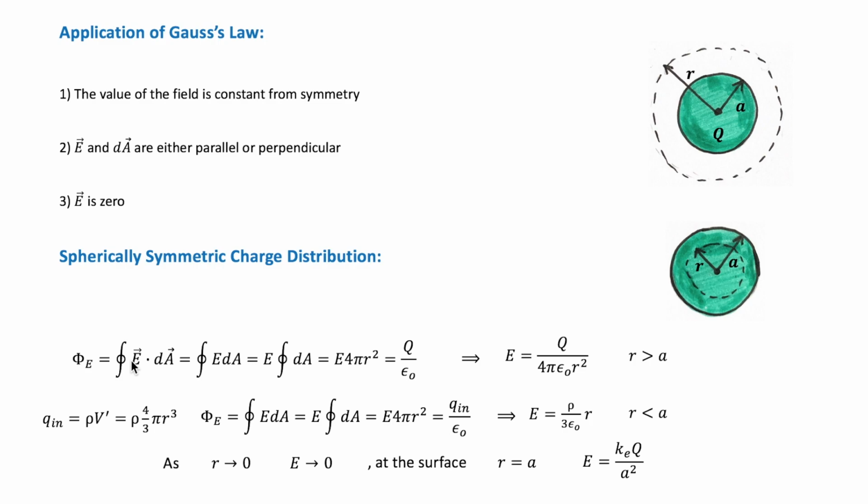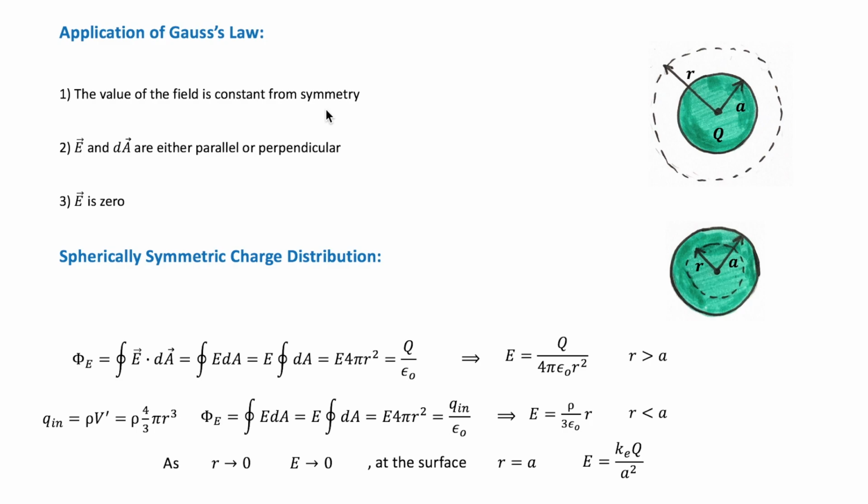So when choosing a Gaussian surface, it is useful that every portion of the surface satisfy at least one of these conditions, okay? The first condition is that the value of the field is constant from symmetry over a portion of the surface.